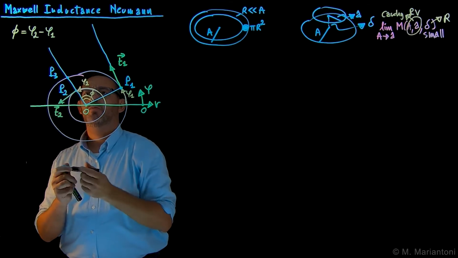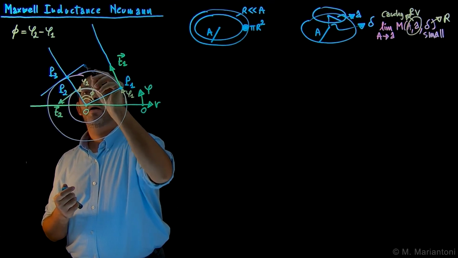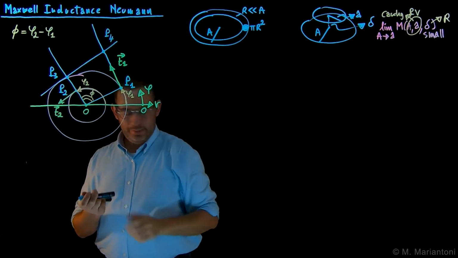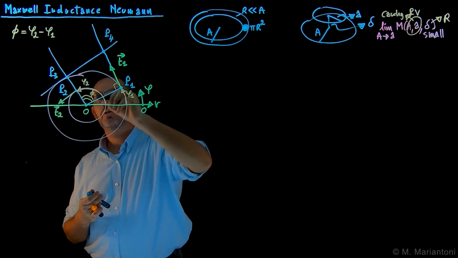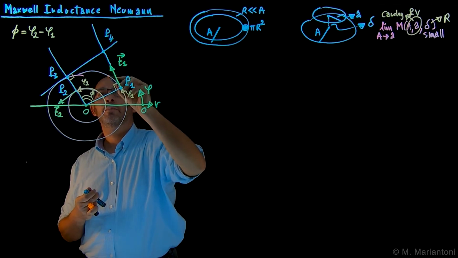And here we have a parallel line to that one, which intercepts this at point capital P4. This angle is 90 degrees, definition of tangent unit vector. Similarly, this angle is 90 degrees as well.